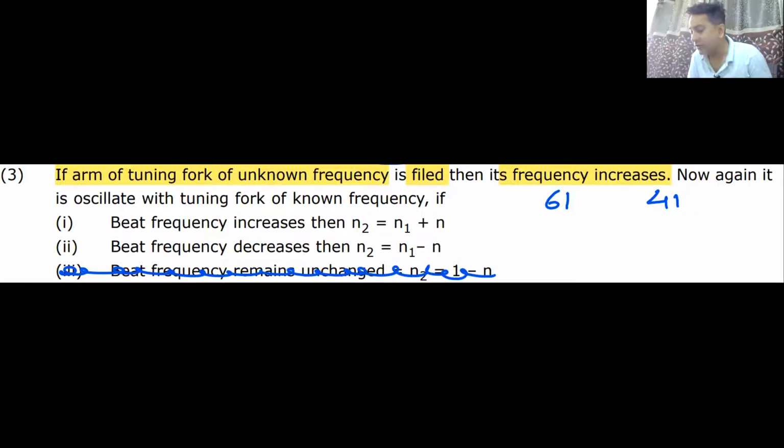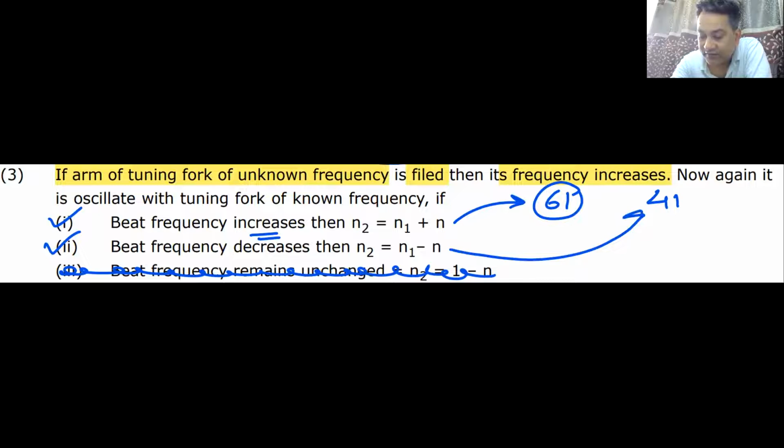It will become 61 or 41. Now we look at how much the beat frequency is. If the beat frequency increases, now 61 and 50, the beat frequency will become 11. It has increased. That means your correct answer is the higher value.